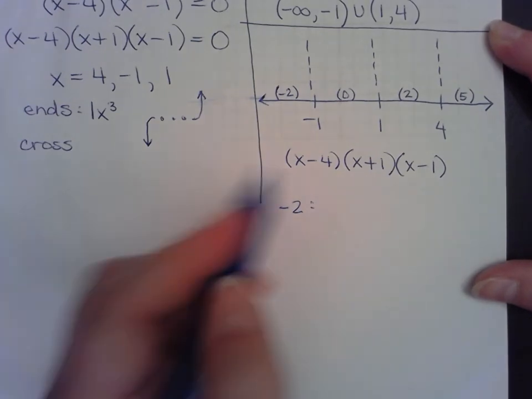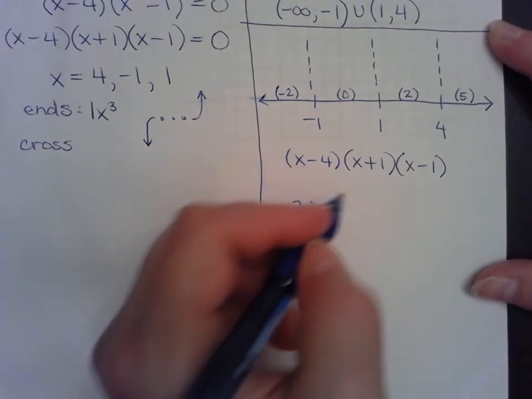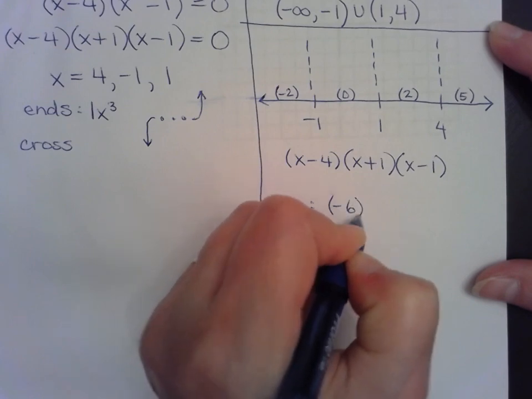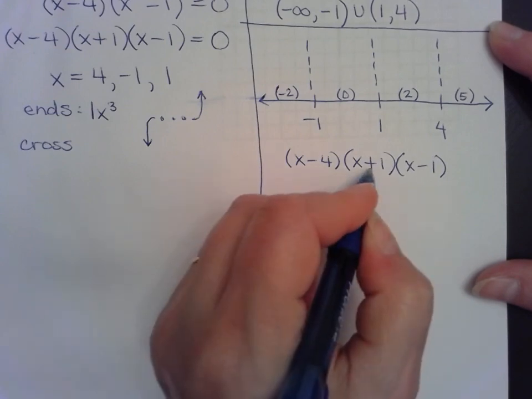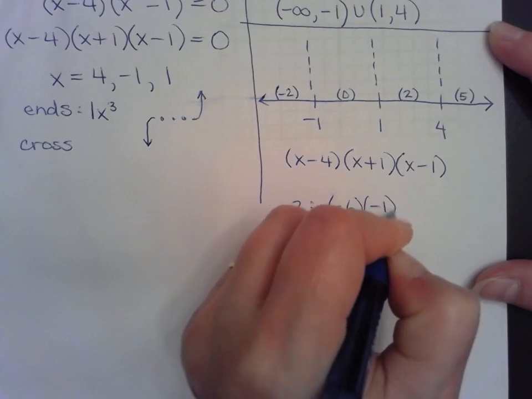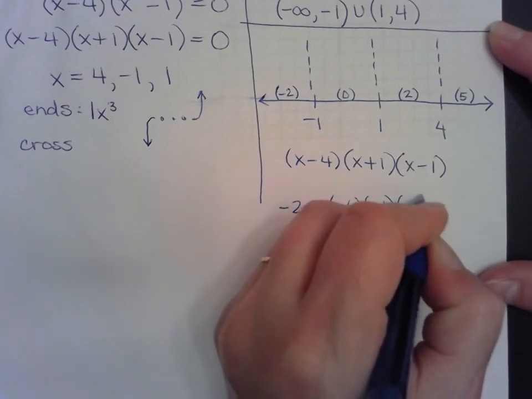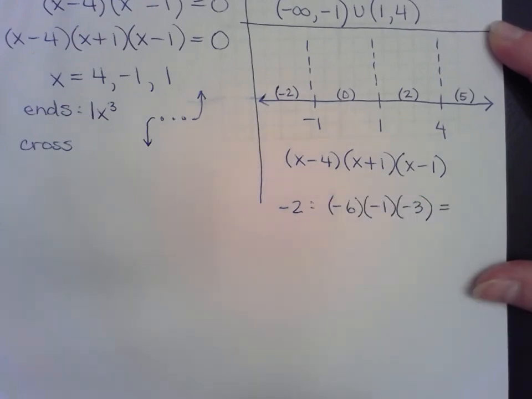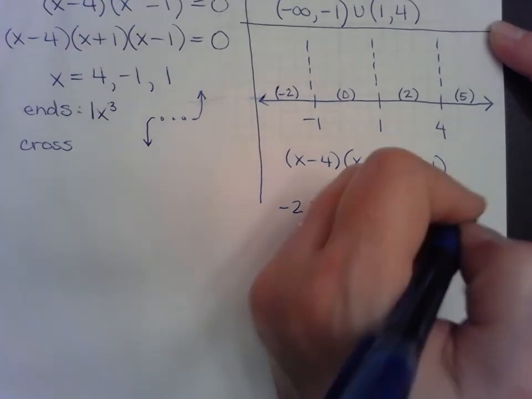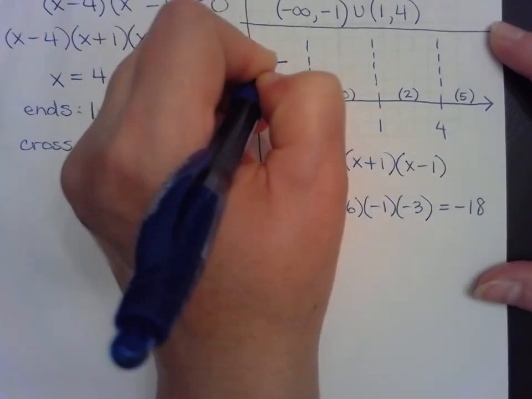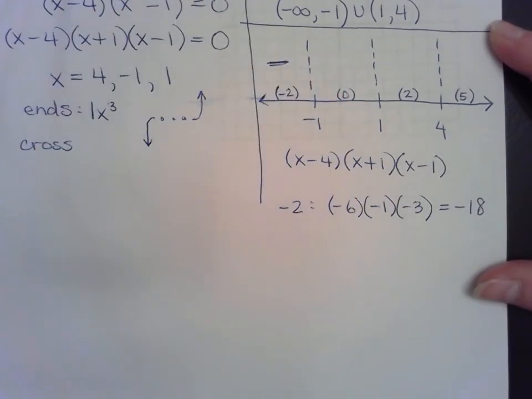So if I plug in -2, I'm going to have -2 minus 4. That's going to give me -6. -2 plus 1 would be -1. And -2 minus 1 would be -3. So if I multiply all three of those together, I'm going to get -18. And like we said before, the negative is what we care about.